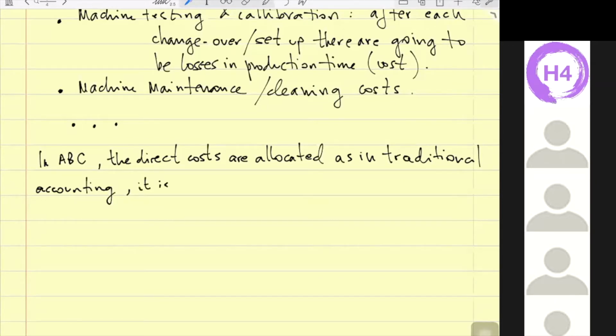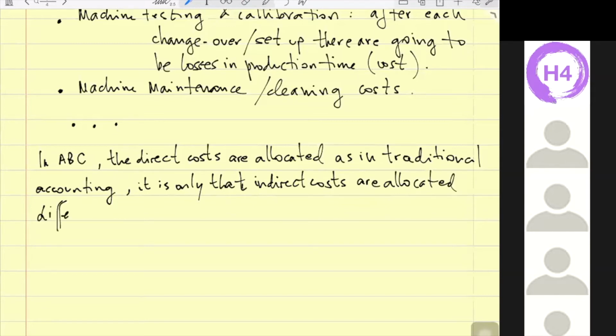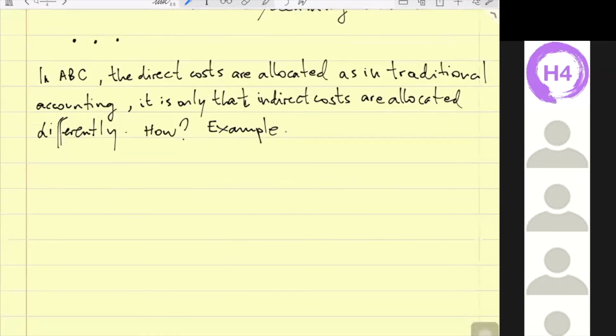It is only that indirect costs are allocated differently. And the question is how? And we're going to see this with an example. In order to see how, we're going to see it with an example.